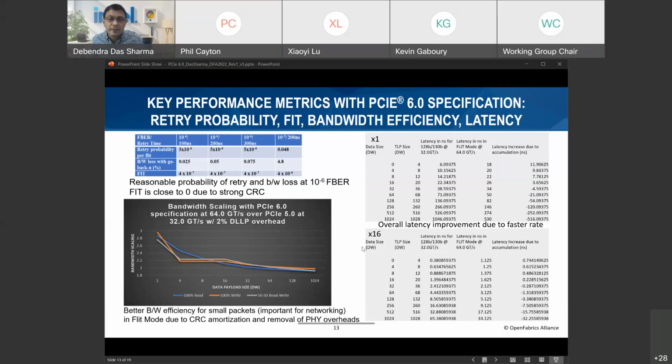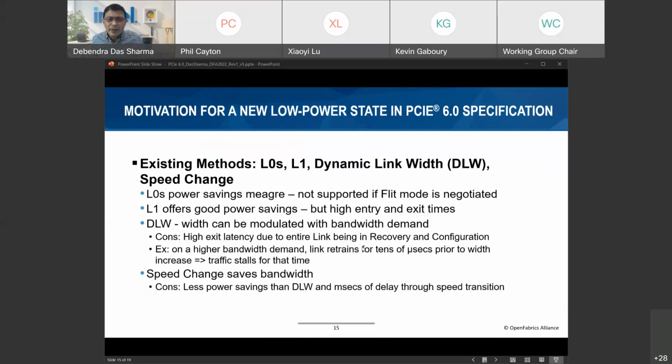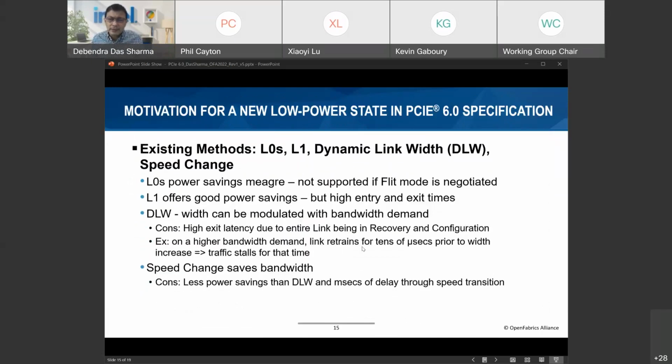So, low power enhancements. Again, as I said, the motivation here is that we have a good low power state, but the entire link is either on or off. Anytime you have to turn the link on, because it is SerDes, it takes microseconds. And for a lot of people, that tends to be a barrier, because if I have, let's say, 25% bandwidth that I'm steadily streaming, there is no way I can take advantage of that.